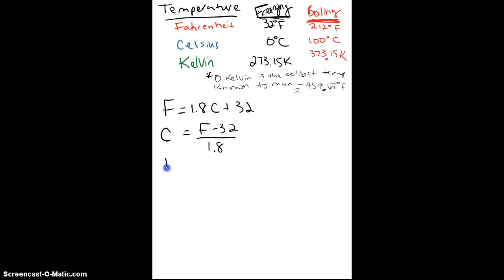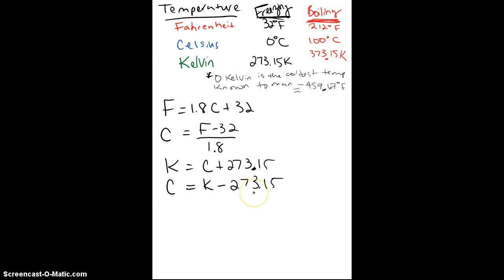If you want Kelvin, you would take the Celsius value and add that number right there. And if you want Celsius, you would subtract that number right there. Notice these are inverses here. You're adding it, but if you solve for this variable and do the reverse, you're going to do the opposite.